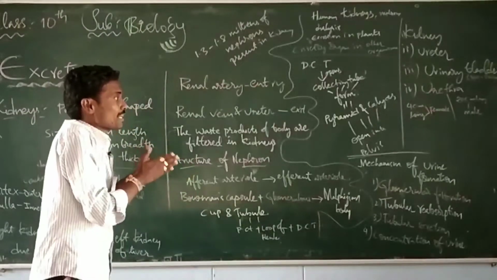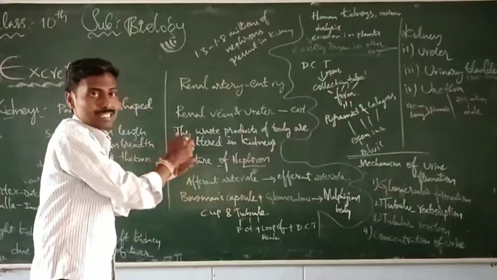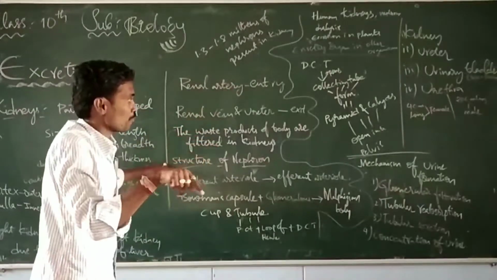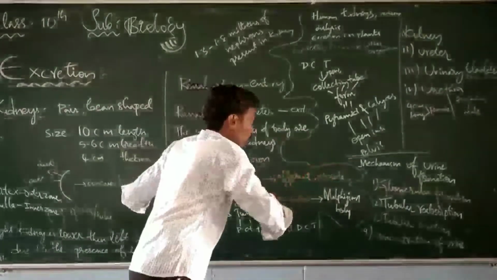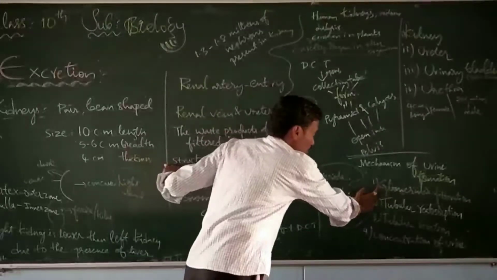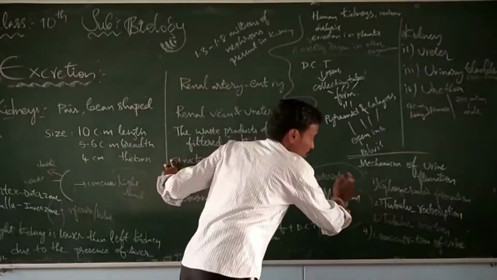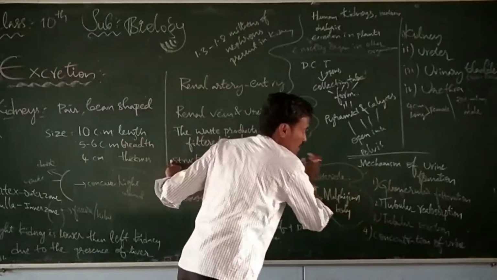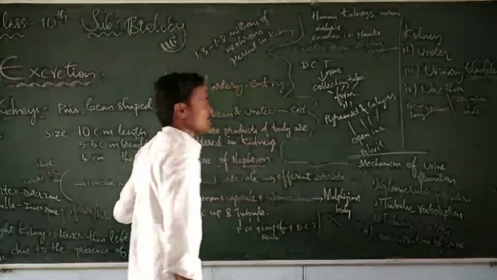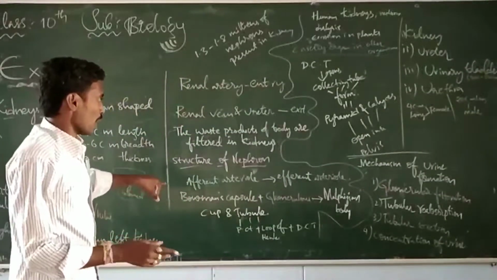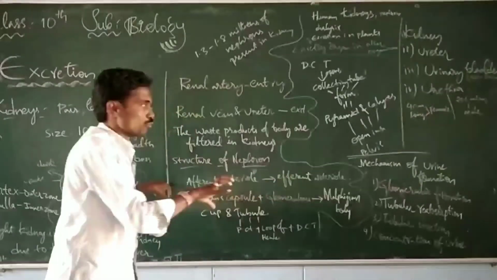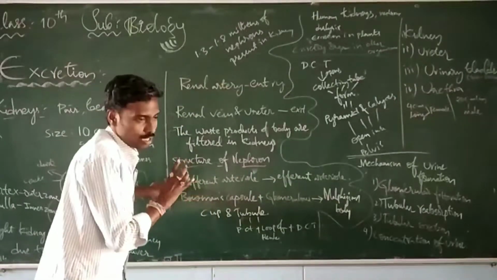It's the mechanism of formation of urine. Let us discuss that mechanism of urine formation. In that we mainly observe four stages. One is glomerular filtration, the second is tubular reabsorption, the third is tubular secretion, and the fourth is concentration of urine. Already we discussed how filtration is going on inside the cup part.